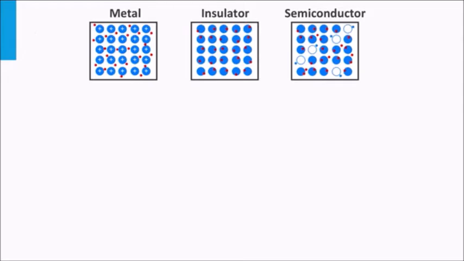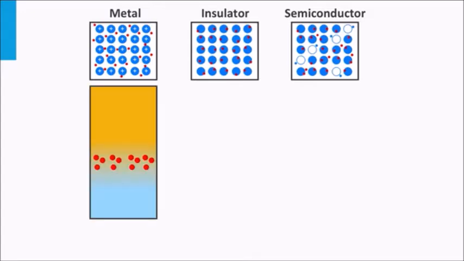The properties of metals, insulators, and semiconductors can easily be illustrated using the electronic band structure of a material. An electronic band reflects the potential energy levels an electron could occupy in the material. Metals have a broad electronic band which is not fully filled with electrons.